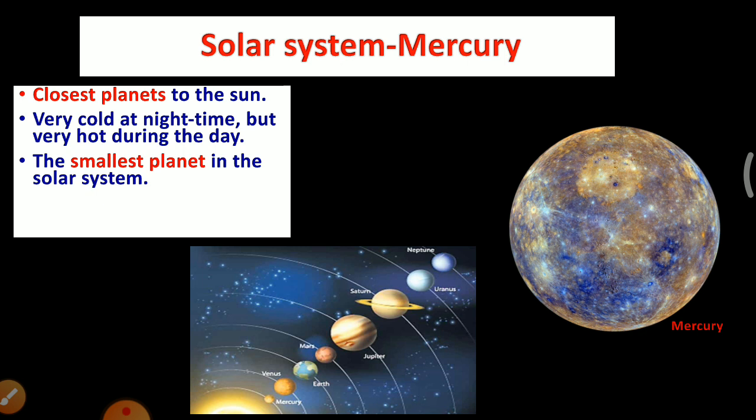The third point, it is the smallest planet in the solar system. And look at this image. Comparing to all other planets, the size of Mercury is very small. So from this we can say that Mercury is the smallest planet in the solar system.